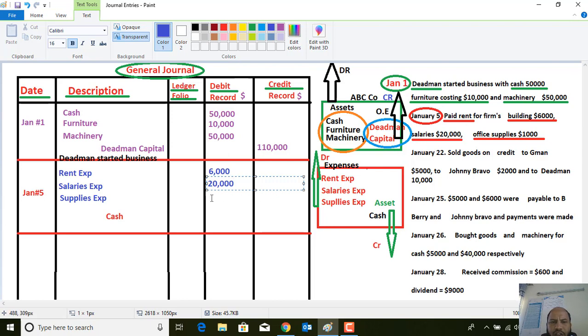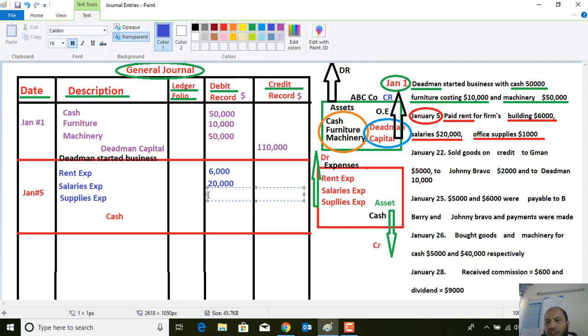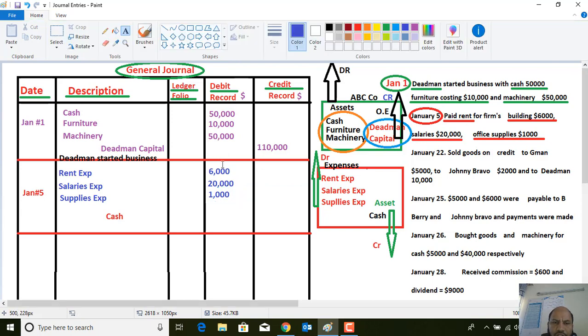And the office supplies which have been used during the business have a cost of $1,000. So for all these three, the business paid what? These three, if you see over here.